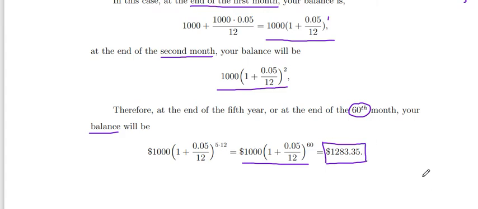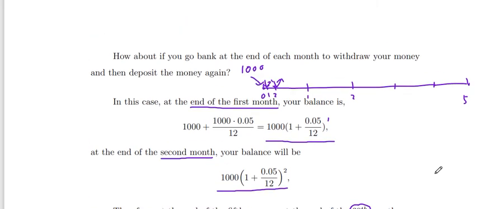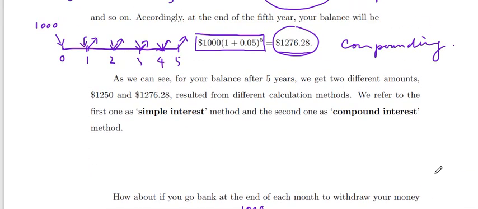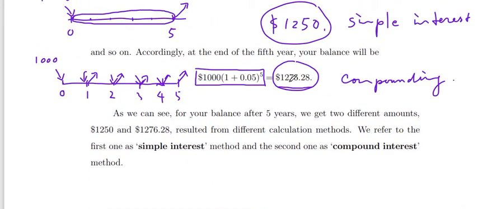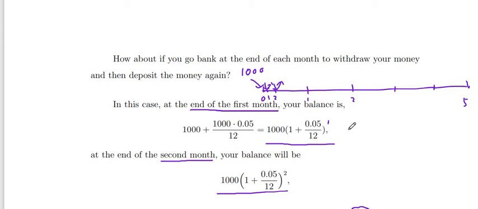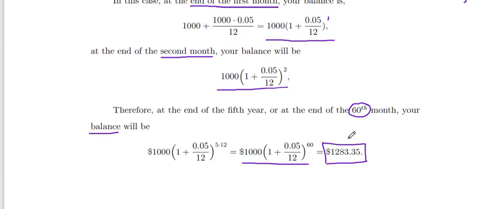So we call this compounded monthly. And we can compare this number with this 1,276.28. This is annually or yearly. So this is monthly. So we find this result. We say compounded more often, we should have more money.